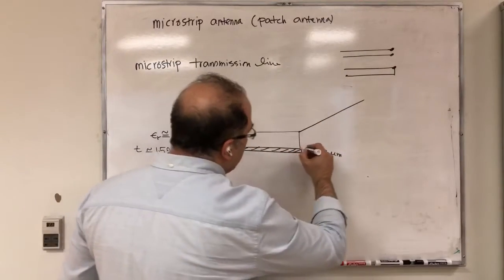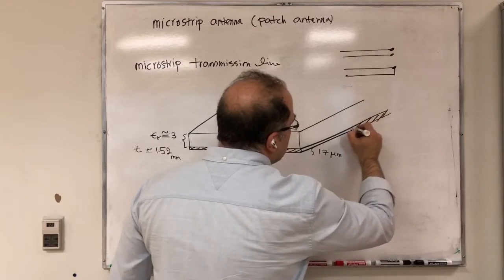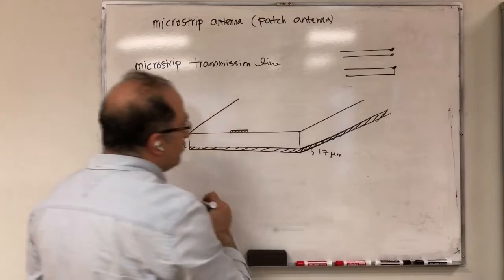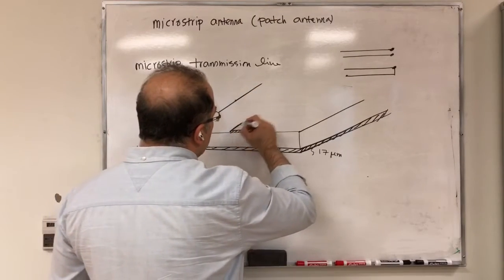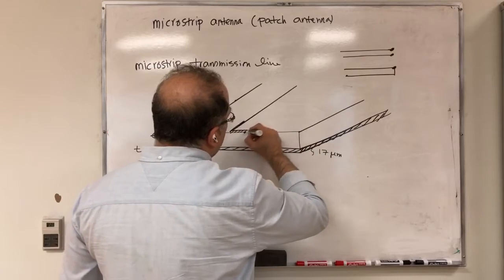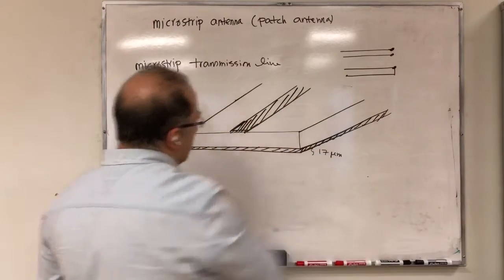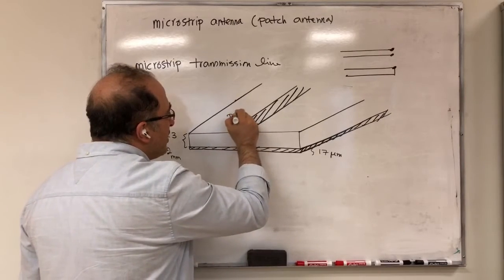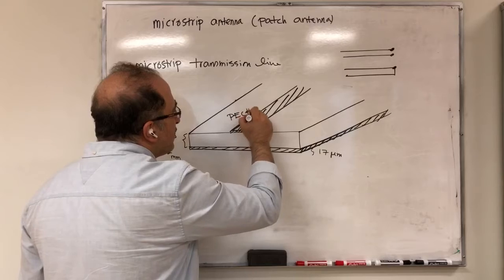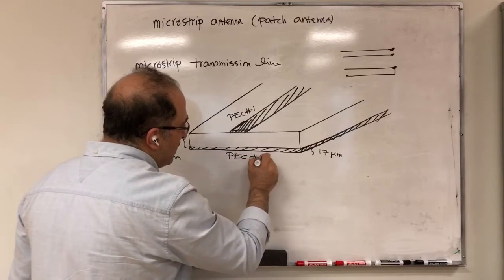So this is now the other dimension. This is the one that I'm using. Dash means it's a conductor. So it's going like that. So you see, essentially I have two conductors. I may call this perfect electric conductor metal 1, and this is perfect electric conductor metal 2.